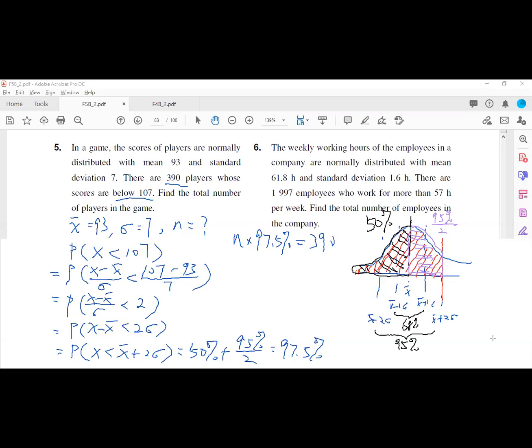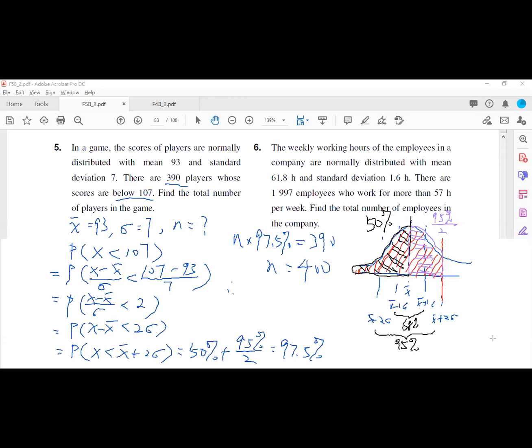And then n will be equal to 390 divided by 97.5%. And then you may use the calculator. So that should be equal to 400.